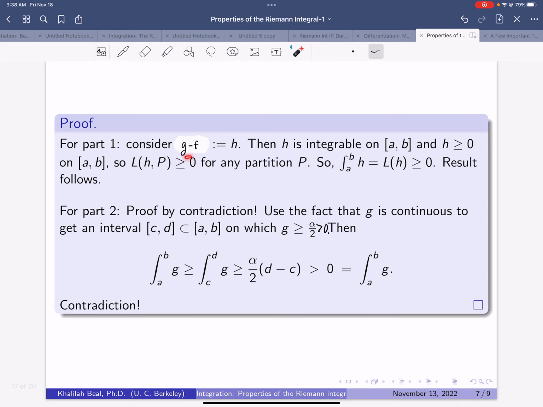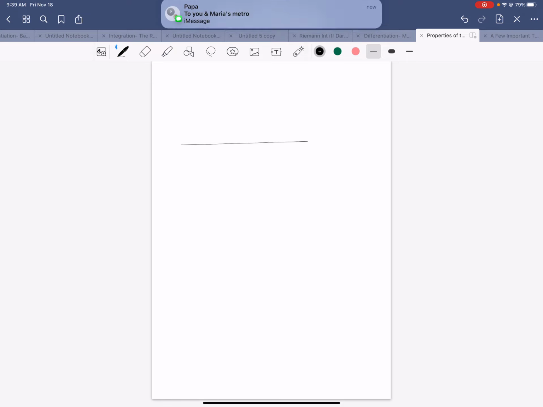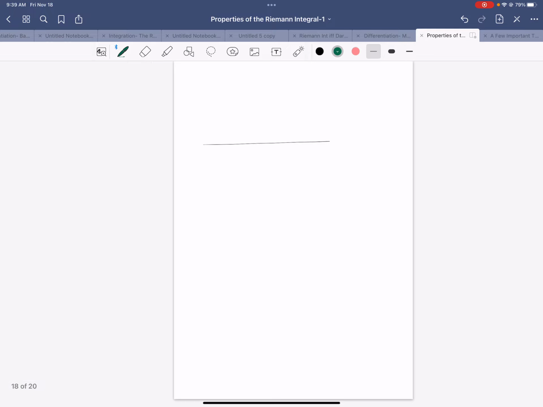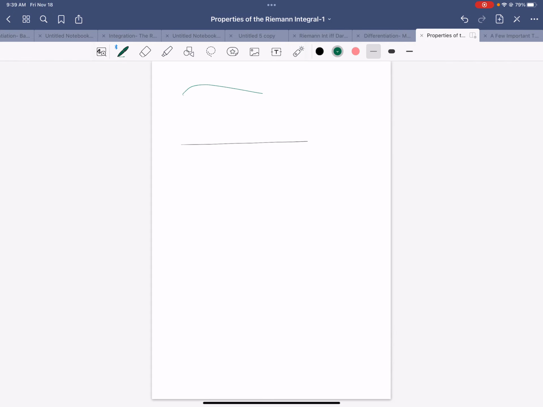But basically what we're doing is looking at pictures. Suppose, right, so we said f is less than or equal to g. Okay, so that means that g is higher and f is lower.